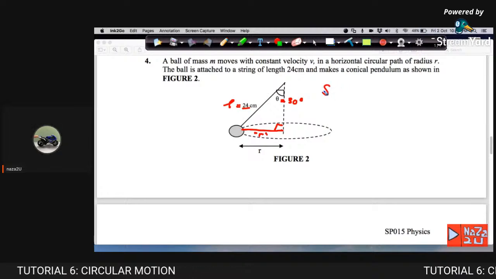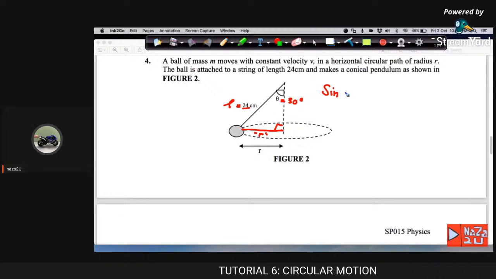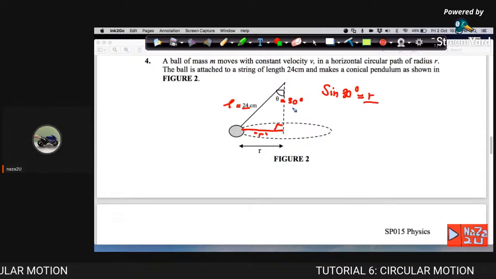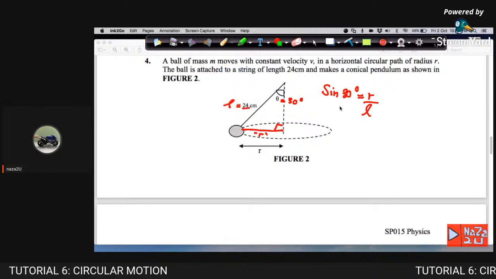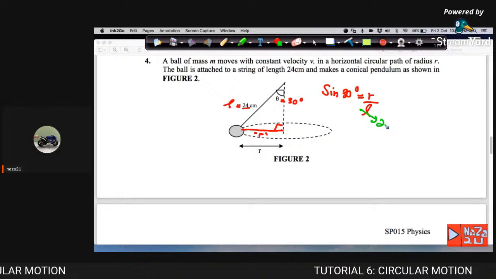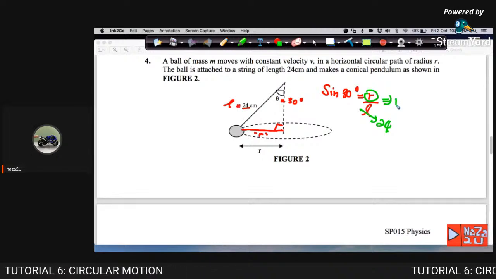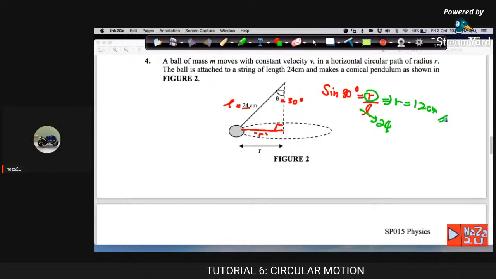So sine 30 is equal to the opposite, which is the radius R, divided by the hypotenuse, which is L. The L here is equal to 24 cm, right? So you can find the radius R. Using the calculator here, R is equal to 12 centimeters.